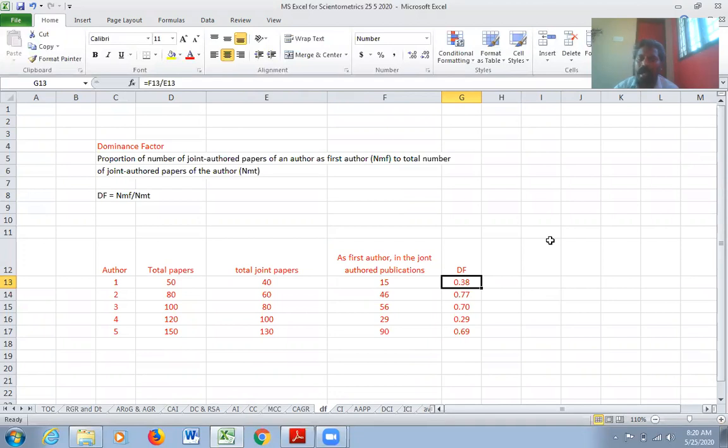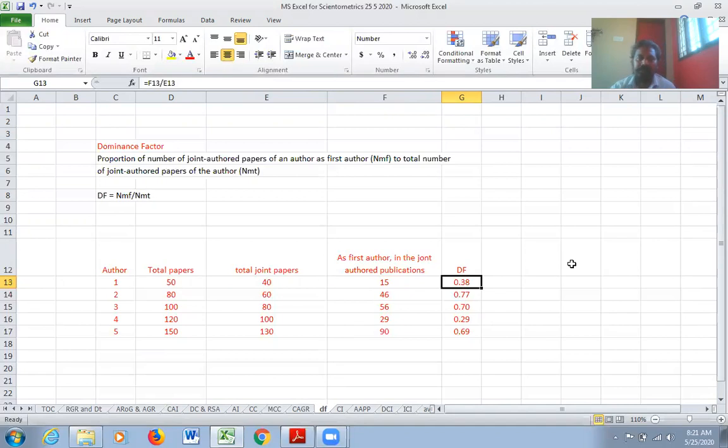For example, I have contributed 40 papers in collaborative mode. It means I joined with other authors. See, as an author, I contributed 40 papers in collaborative mode, but in all the 40 papers, my name is not the first author.